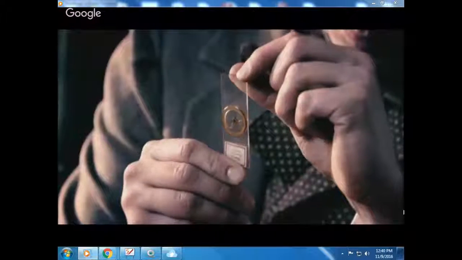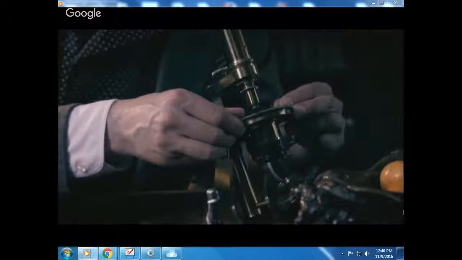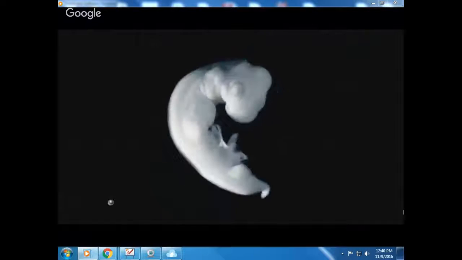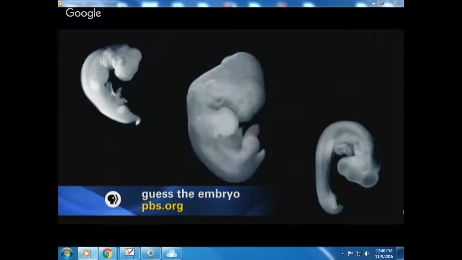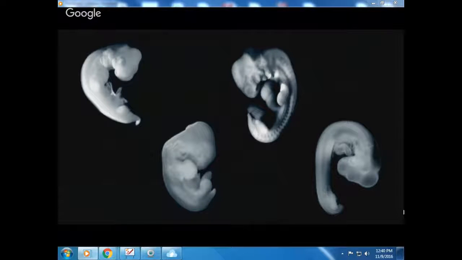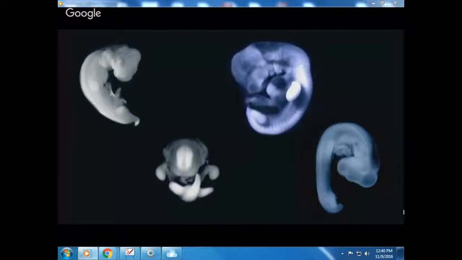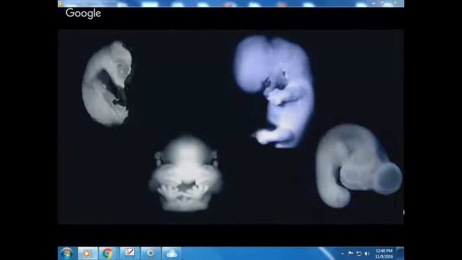The first tantalizing clues would come from those life forms that Darwin himself had studied, embryos. Look at these embryos. It is almost impossible to tell, just days after conception, which is the chicken, the turtle, the bat, the human. They look almost the same. Only as they grow does it become clear which is which.